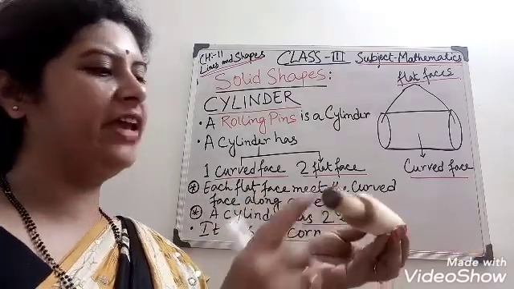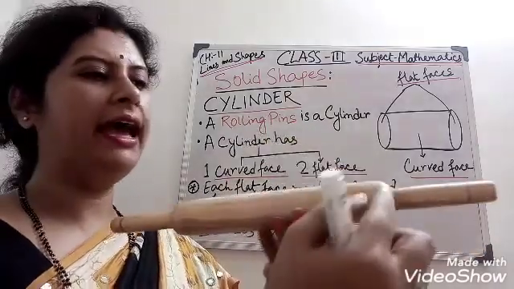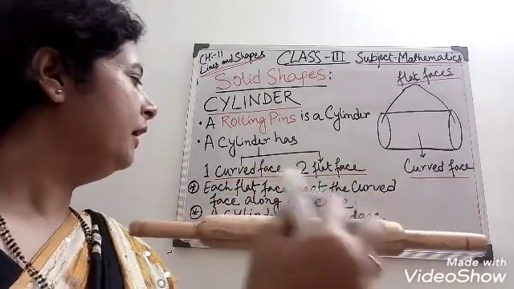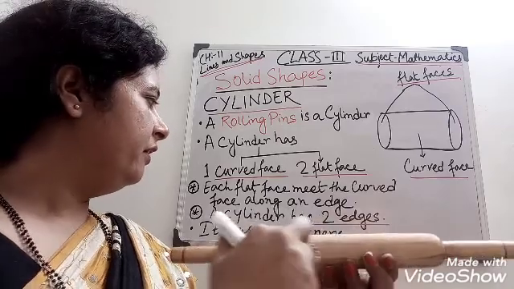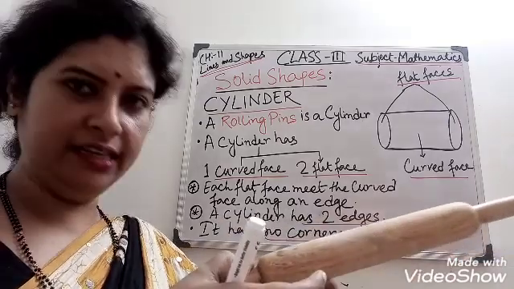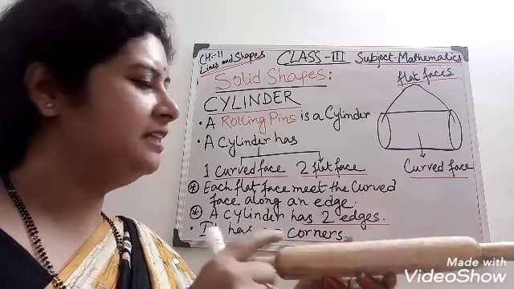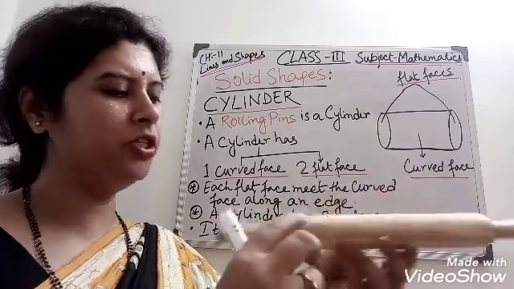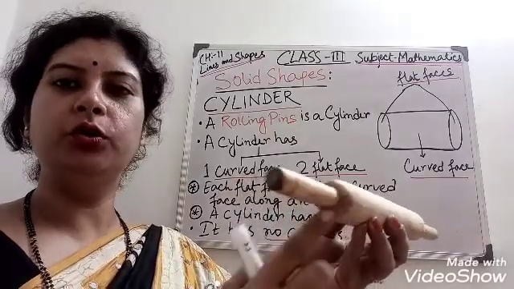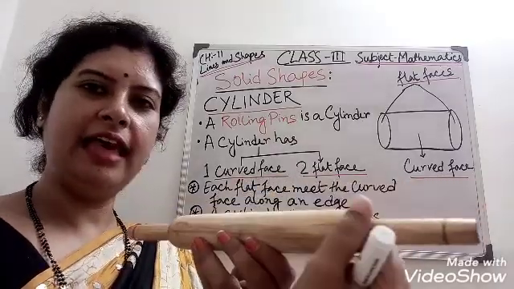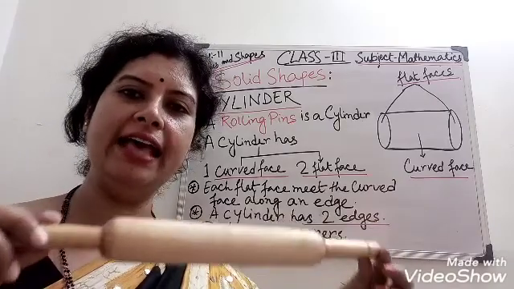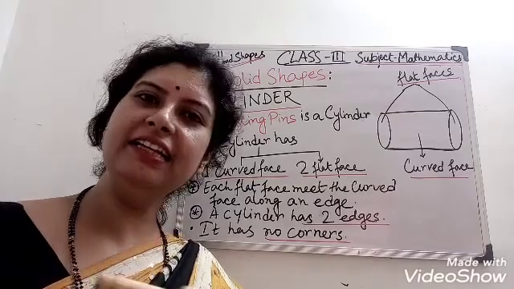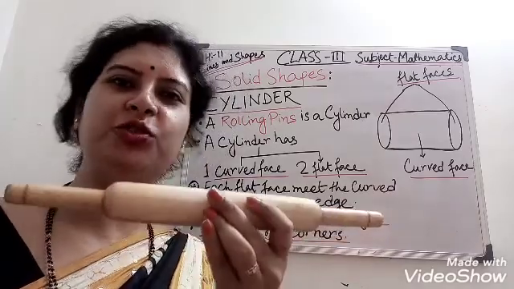Each flat face, it means this face and this face, these 2 flat faces meet the curved face along the edges. A cylinder has 2 edges, this portion and this portion, and a cylinder has no corners. Hope this cylinder concept is clear to you all.